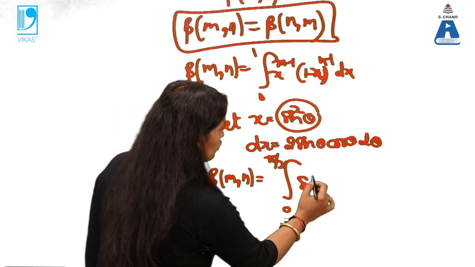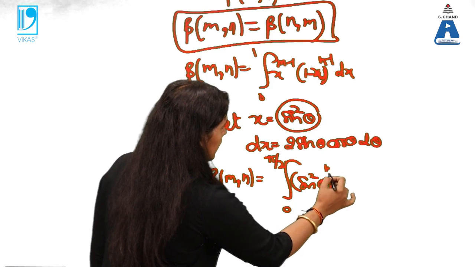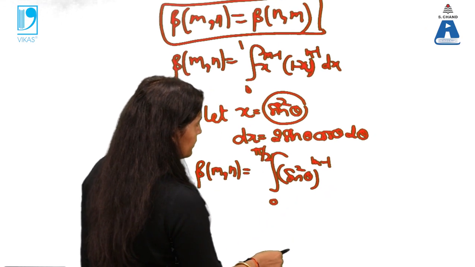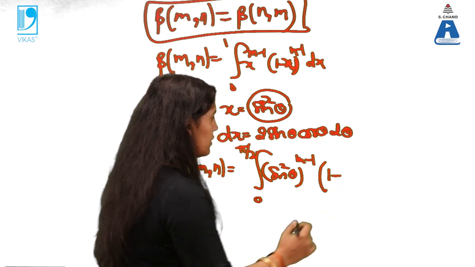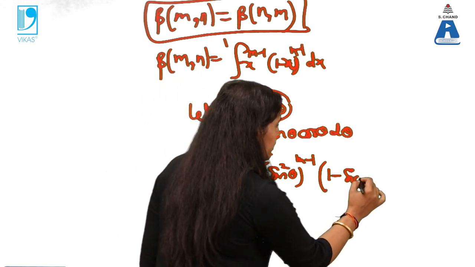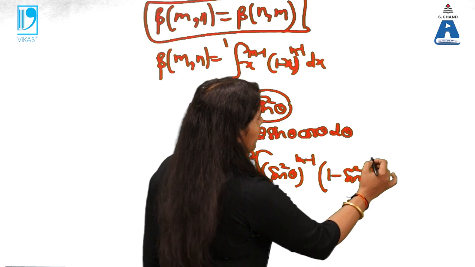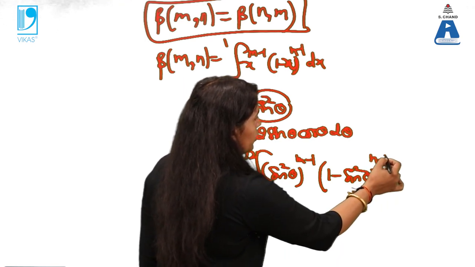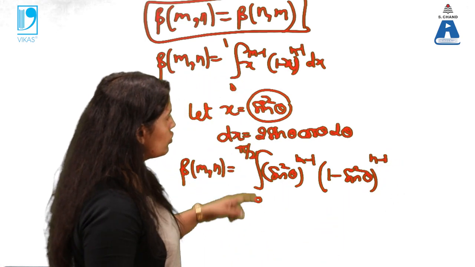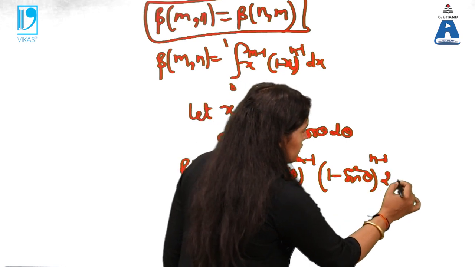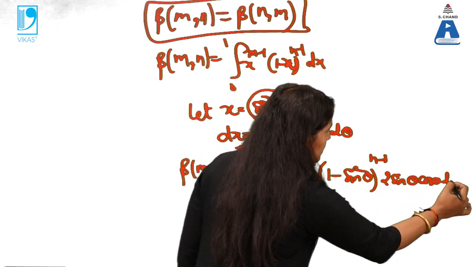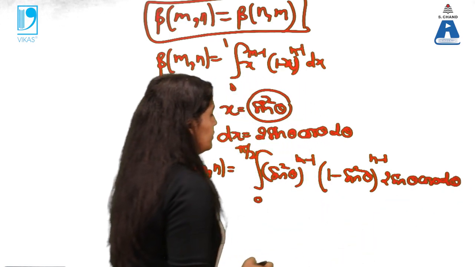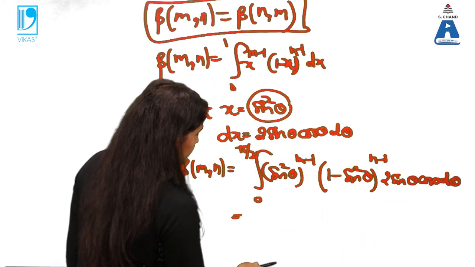So sine square theta to the power m minus 1, and 1 minus x means 1 minus sine square theta to the power n minus 1. Put the value of dx also. dx is 2 sine theta cos theta d theta. Merge the values.